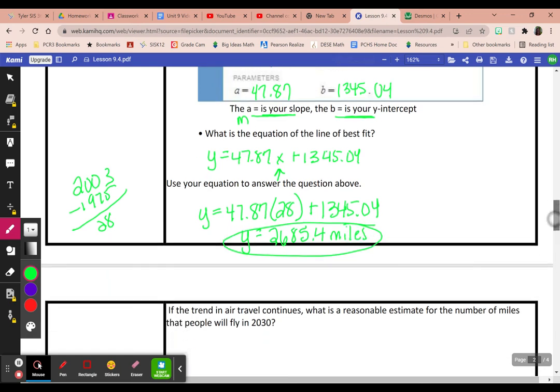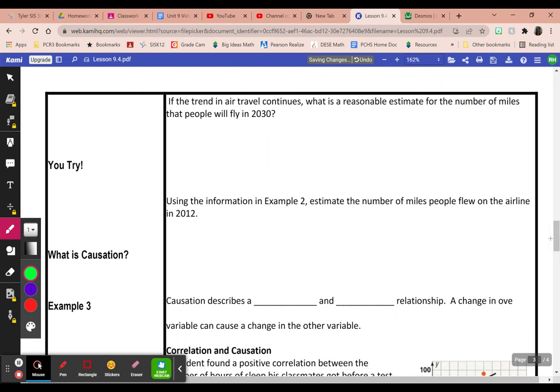Okay? All right. So if the trend continues, what would be a reasonable estimate for the number of miles that people will fly in 2030? So this would be extrapolation because it's outside, or the exterior, of the values that we have there. So again, 2030 would be our year. We started in 1975. That means it would have been 55 years.